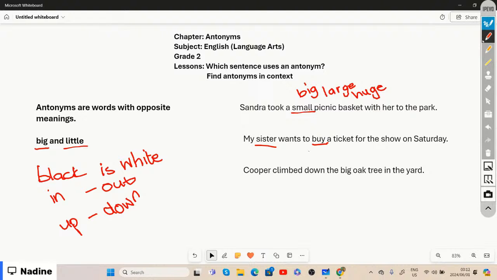It says, I have a sister. What is the opposite of sister? It's the same as saying what's the opposite of girl.